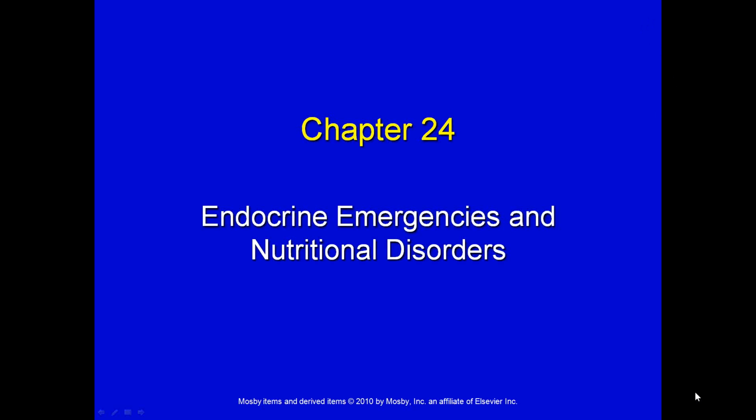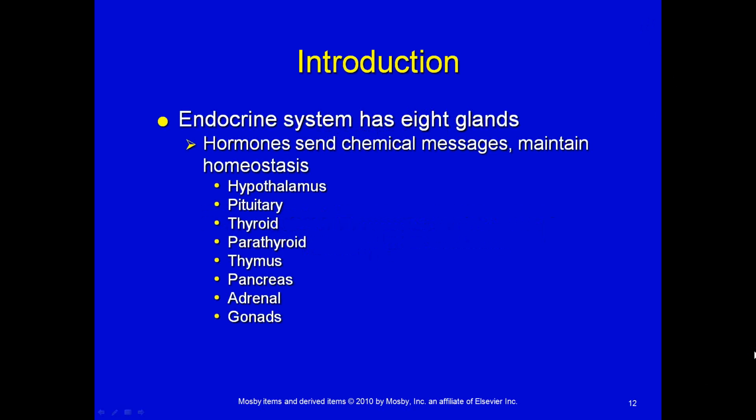And we don't spend a lot of time talking about the endocrine system and the endocrine glands. And hopefully we'll be able to answer your questions that you might have concerning endocrine emergencies and give you a little better idea of what sort of emergencies we can have when the endocrine system isn't functioning properly.